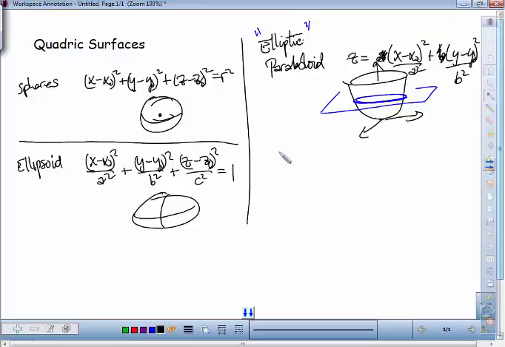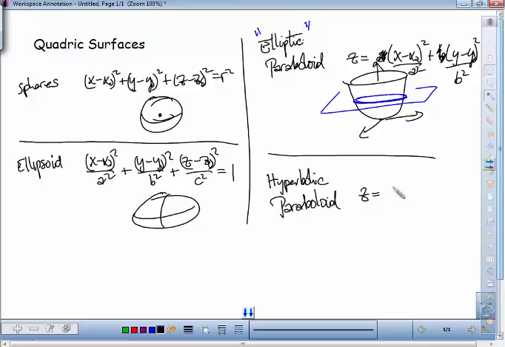And then the last one we did was the hyperbolic paraboloid. And these are just generic equations.